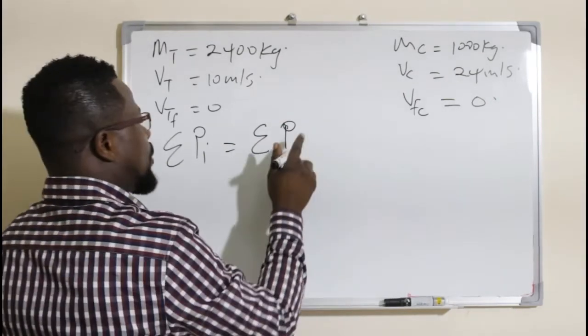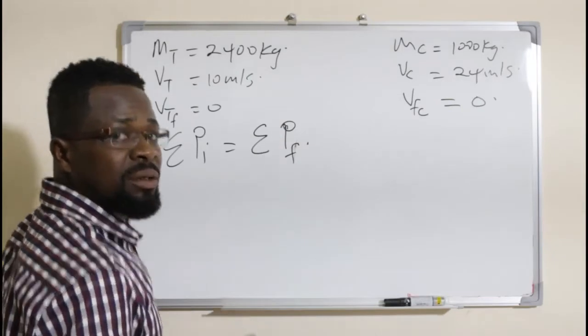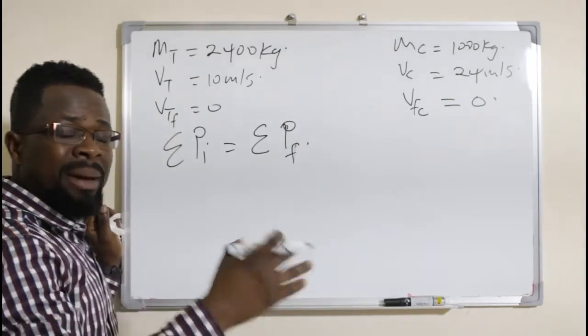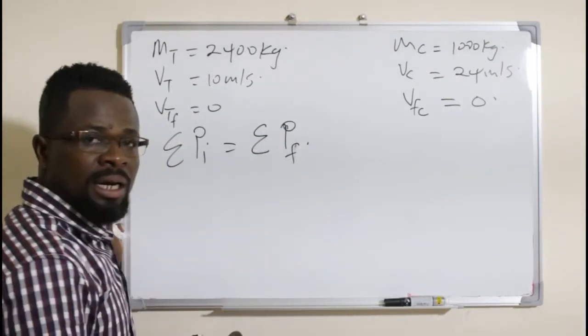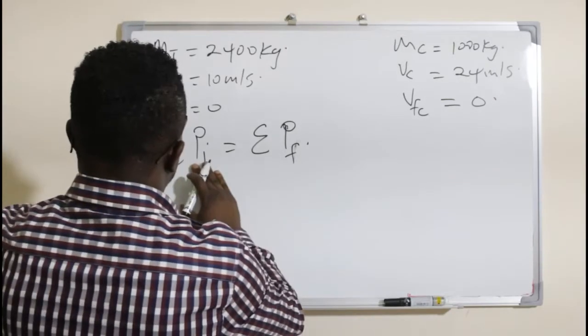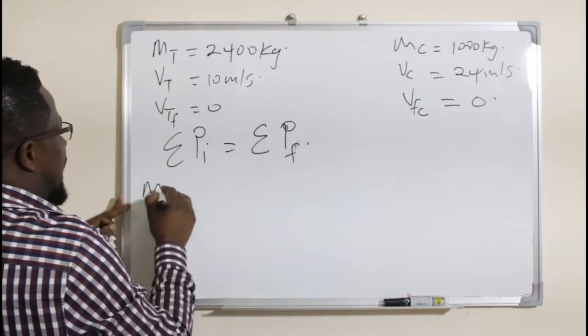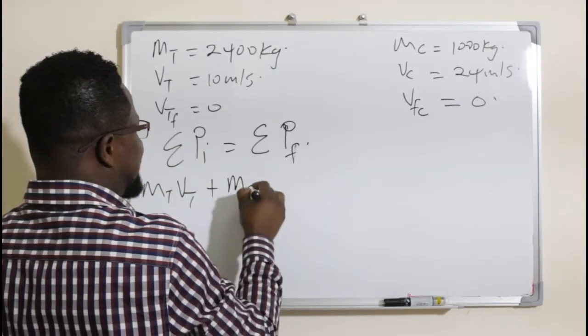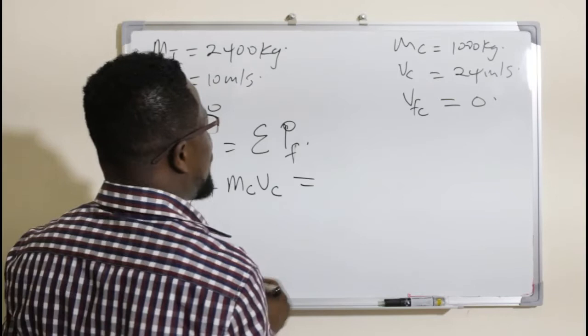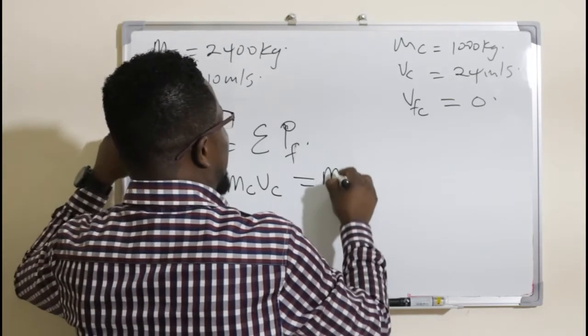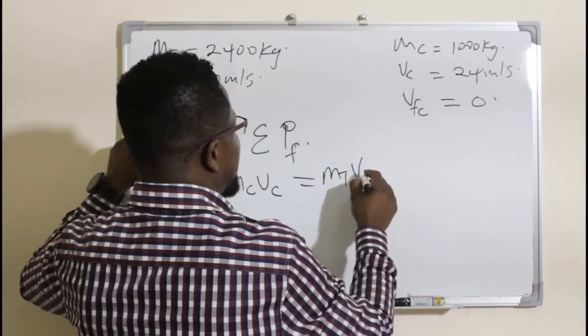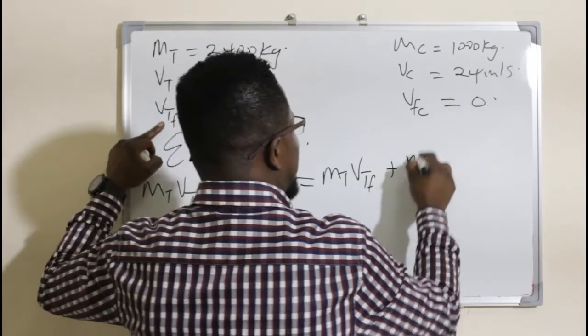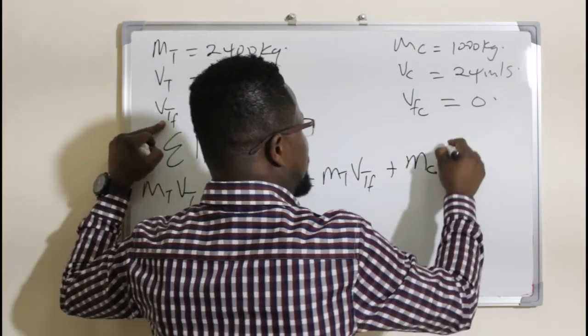That is according to the law of conservation of momentum. To say momentum is conserved, this is what we are saying. So this is MT VT plus MC VC, equals MT VTF plus MC VCF.